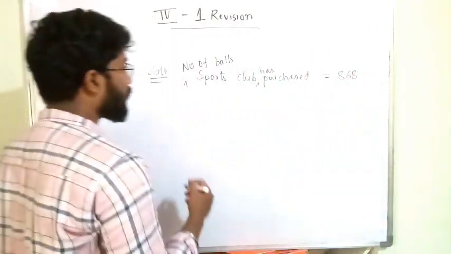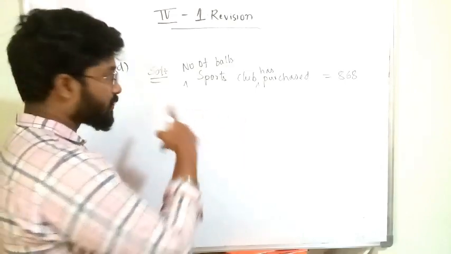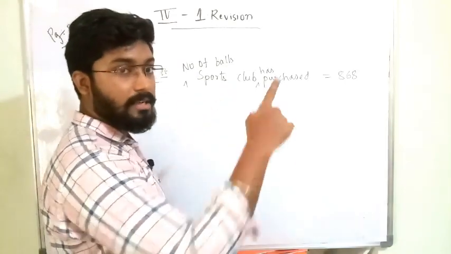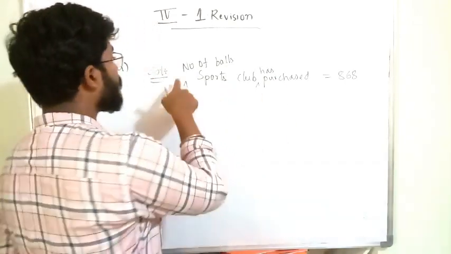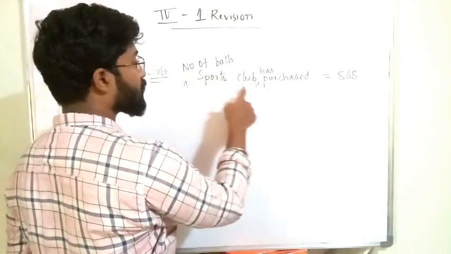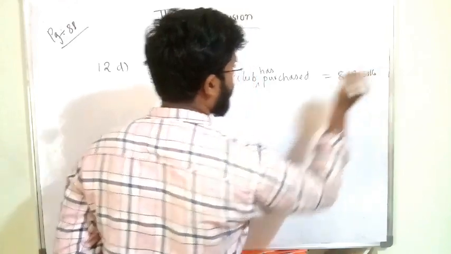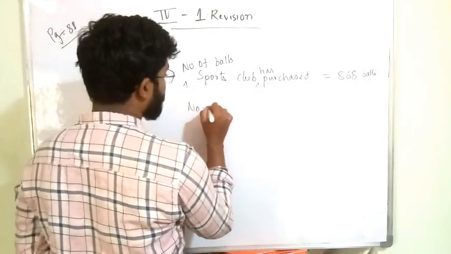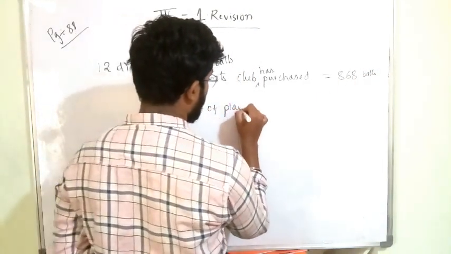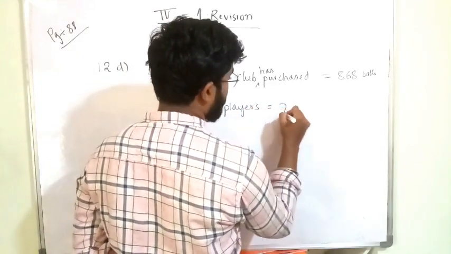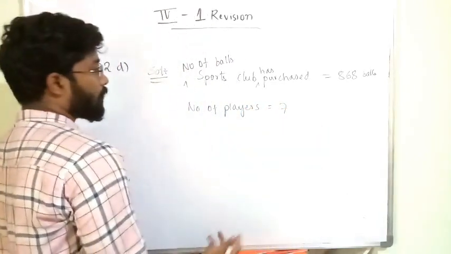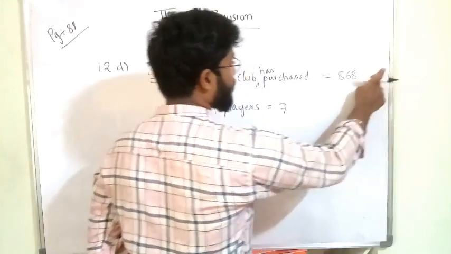Like that you have to write. You can write it statement-wise, sports club has purchased 868 balls, or you can write number of balls sports club has purchased equal to 868 balls. Next, number of players equal to how much? 7 players.